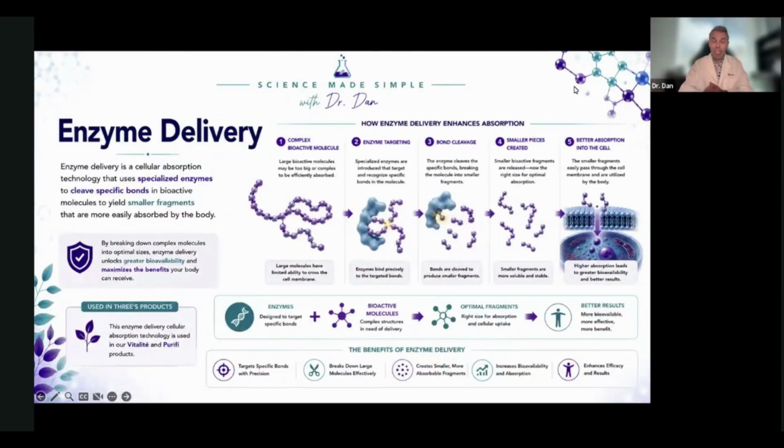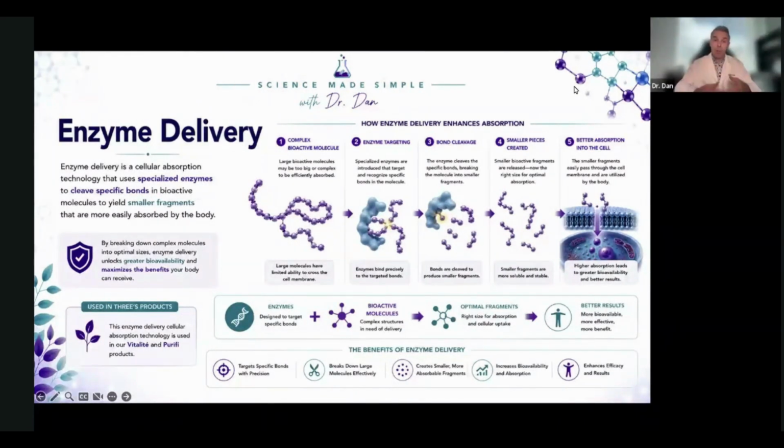And these enzymes are customized in the sense that one enzyme specializes in breaking apart a certain type of bond, like a carboxylic acid bond. Another enzyme specializes in breaking an amide bond. Another one specializes in breaking up a carbon-oxygen, a hydroxyl bond. So we throw in specific types of enzymes to break apart small molecules that we can't use micelles on, we can't use liposomes on, we can't use yeast glycoprotein matrix technology on, but enzymes we can.